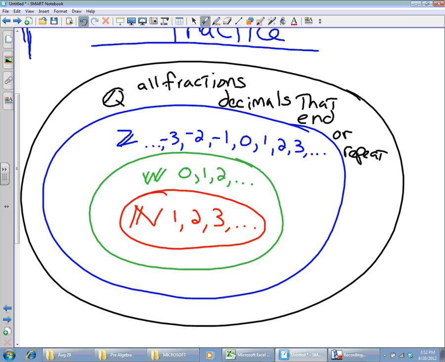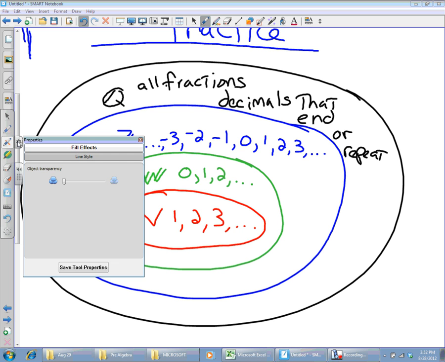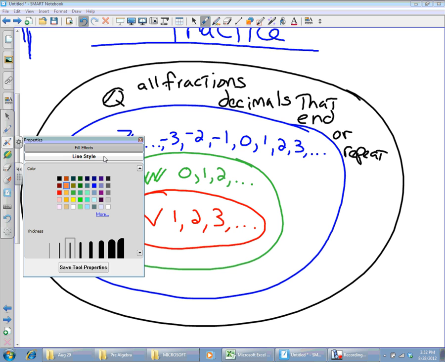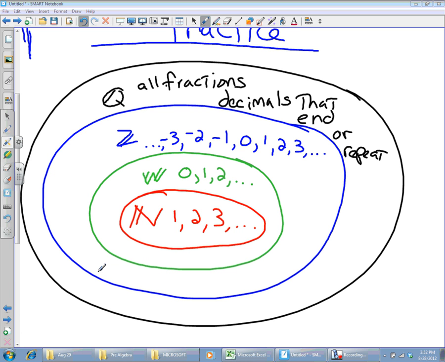So, there was this other group that was kind of strange, and they were called the irrationals, right?